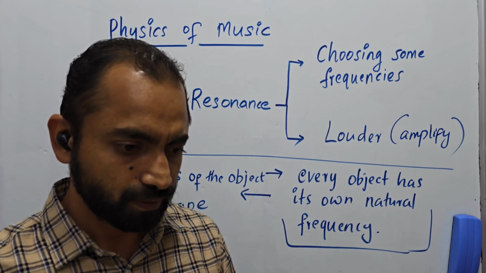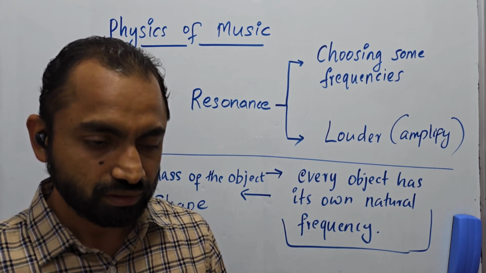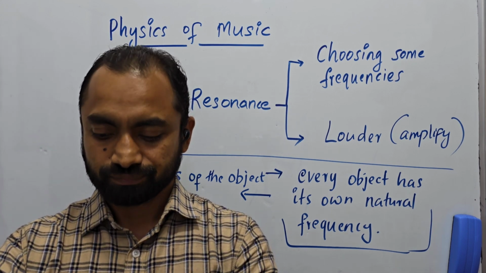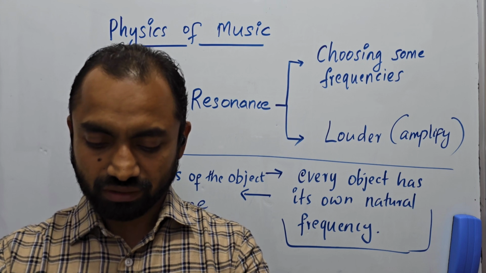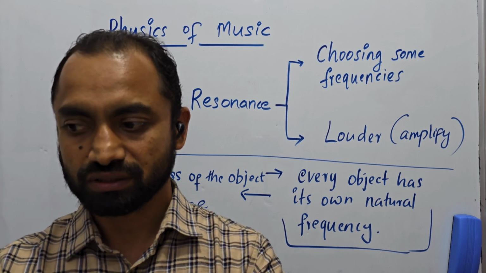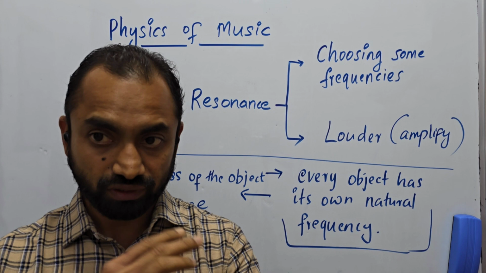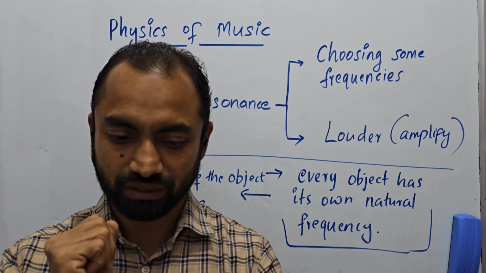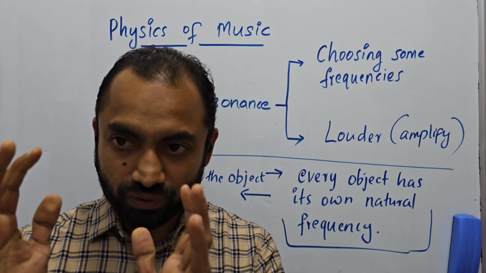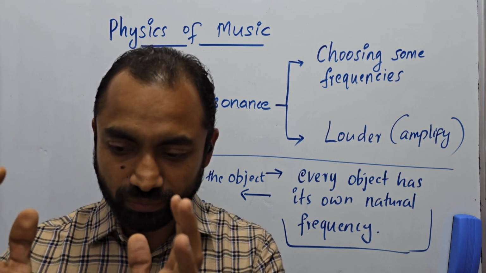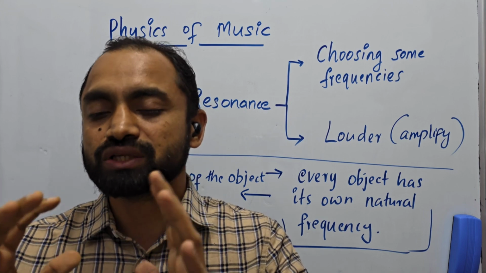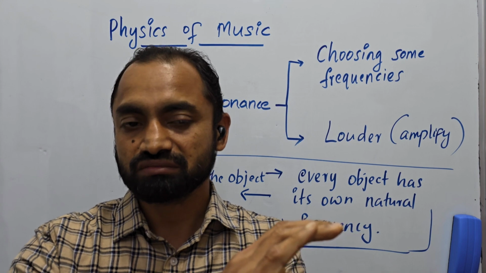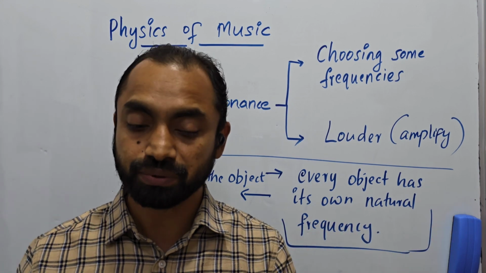For example, I am standing here, so I will have a natural frequency, right? If there is any object that is vibrating, and the frequency of its vibration is equal to my natural frequency, and when that object touches me, then I will vibrate with a bigger amplitude.